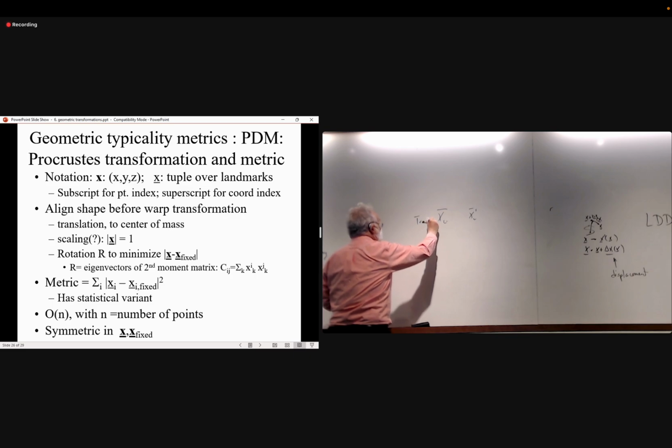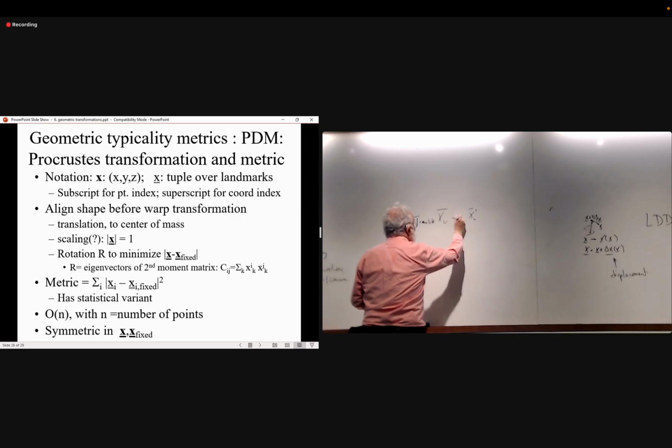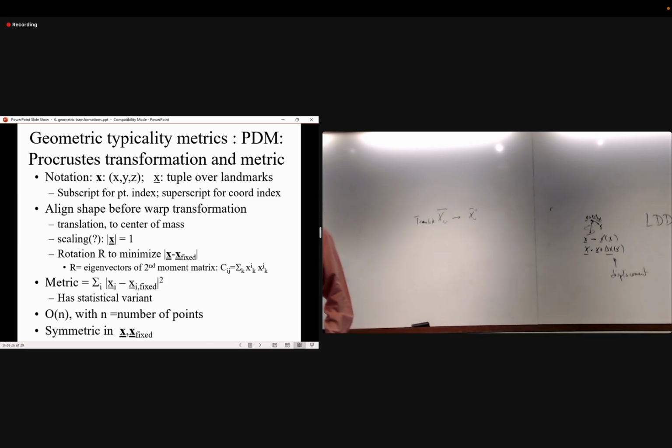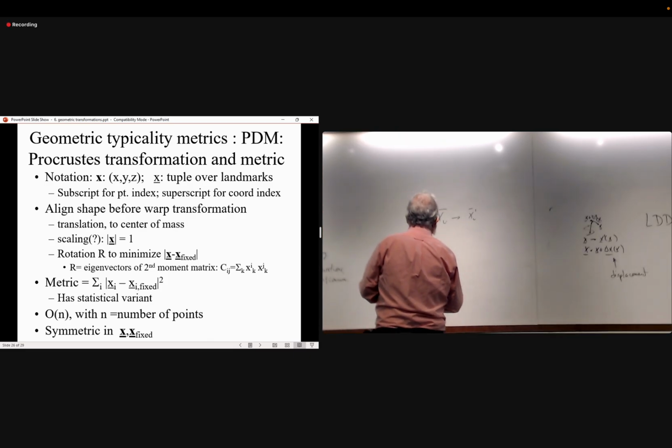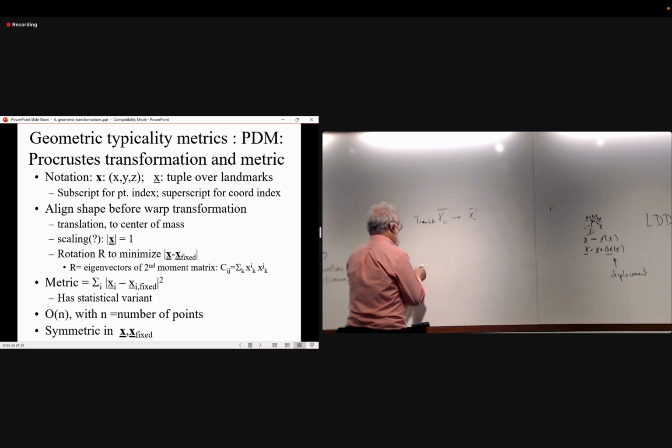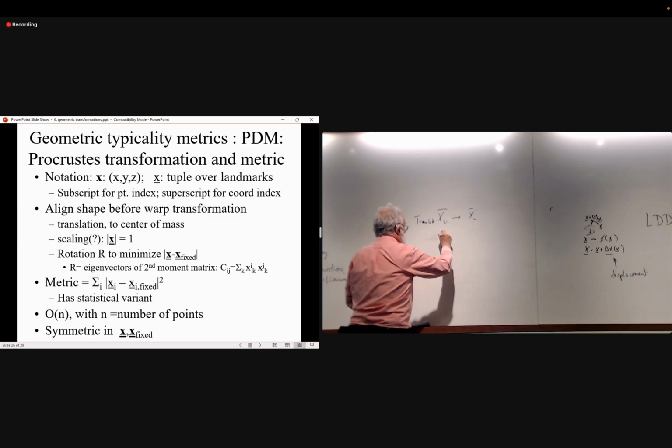Translate this average onto that average. Okay, so now we have a new set of X sub i's that are the translated versions of the original ones, but now they agree in center of mass, in average, with the X prime sub i's. And so now you have, I'll call these the X sub i translated.